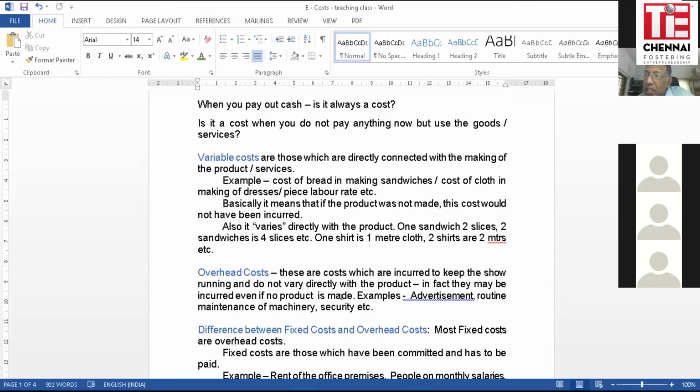And the cloth is the same, the quantity is the same, then the variable cost is directly linked and proportional. And this is very important because if it is not directly linked, it might not be a variable cost. So please understand the concept of a variable cost. A, it will happen only when you make it. B, it will vary directly with the product.